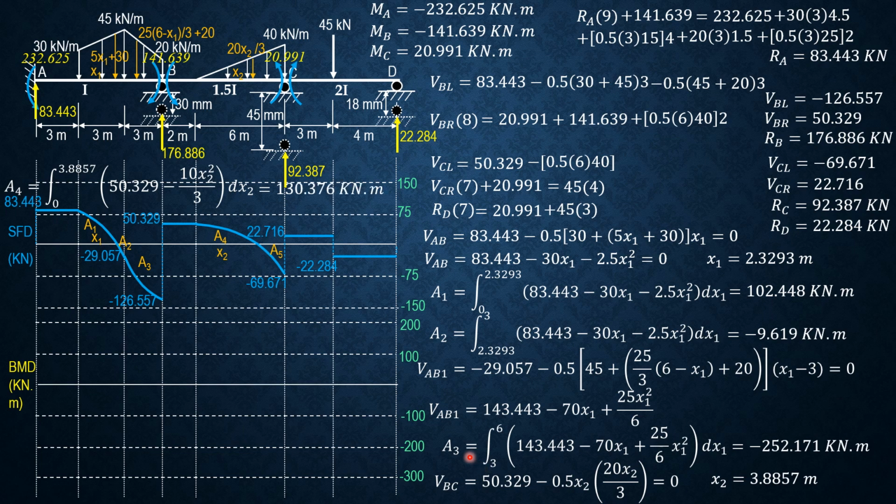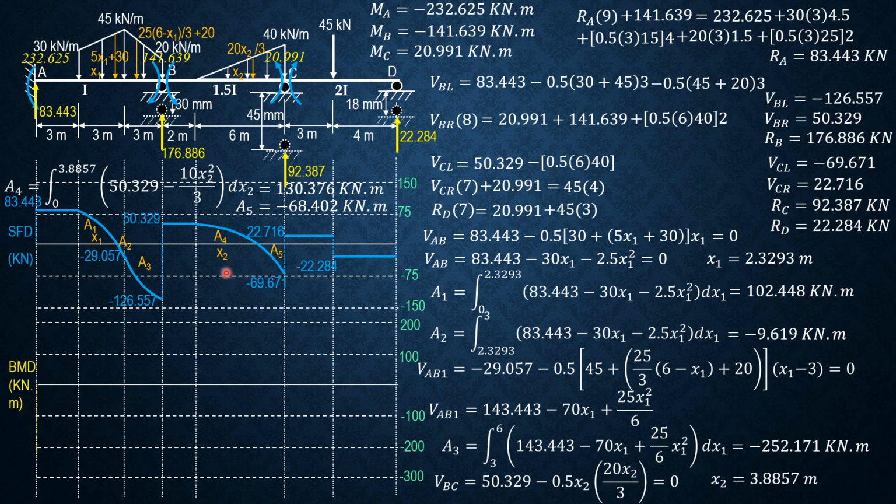Therefore, we evaluate area 3, integral of this quantity from 3 to 6. It begins from 3 then to 6, and it is equal to negative 252.171 kilonewton meter.